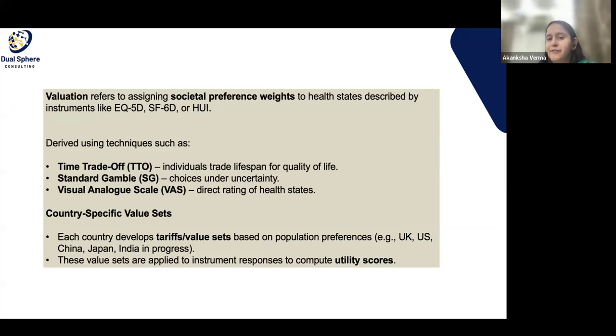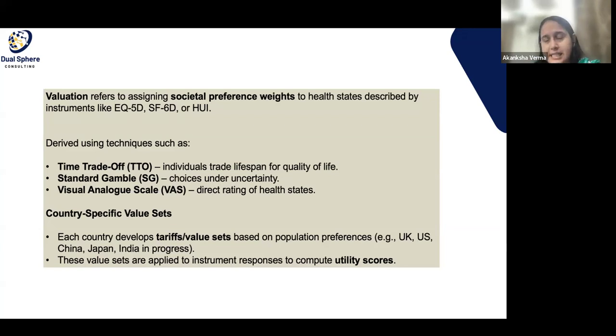So these are three different techniques where you are deriving the utility values from the population based on their preferences. Each country develops its own tariffs or value sets based on population preferences.